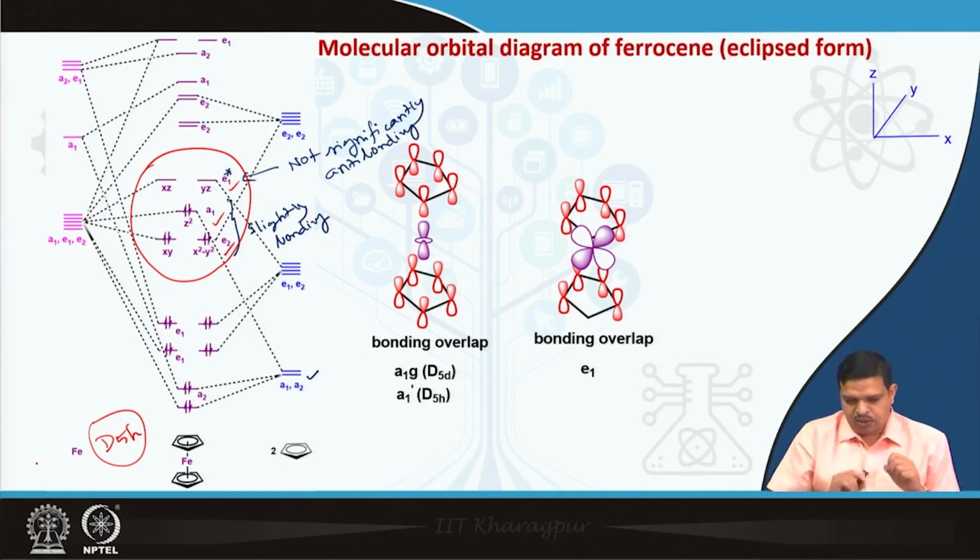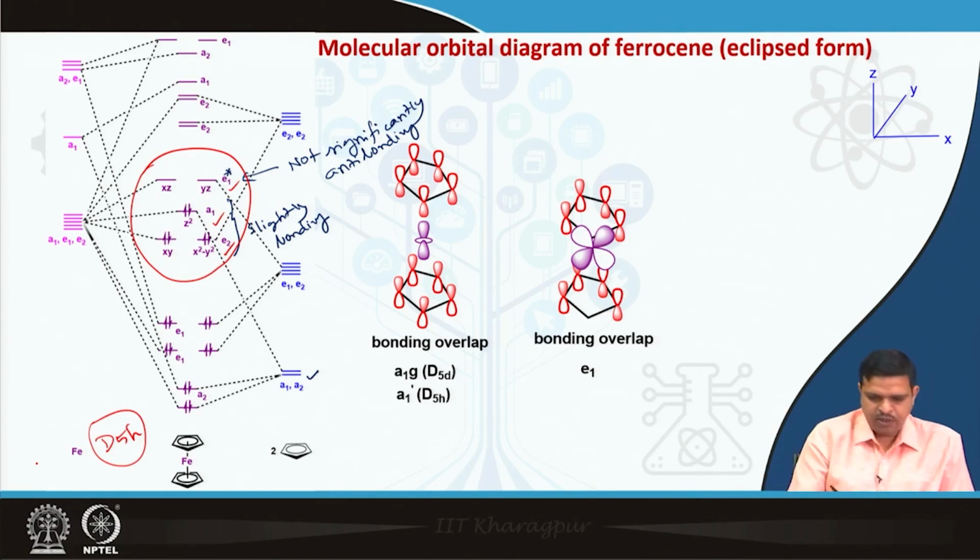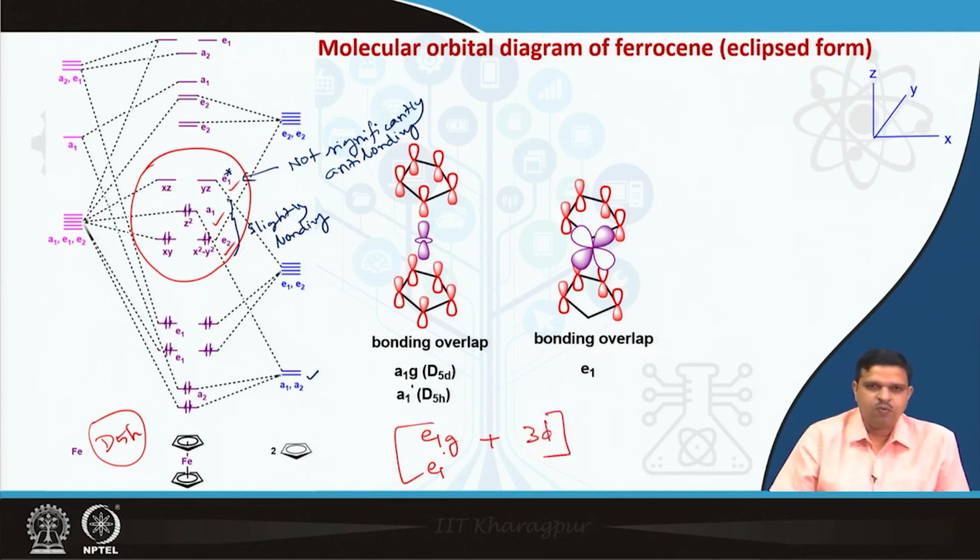We will see in the next slide. Also, in the last class we discussed that the major contribution for the stability is the E1g plus the 3d. These are the major interactions for the stability of the parallel metallocene compounds.